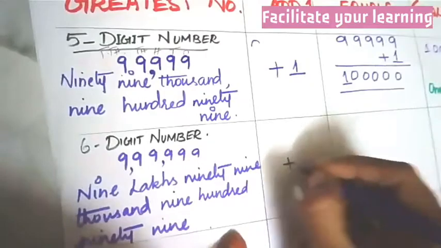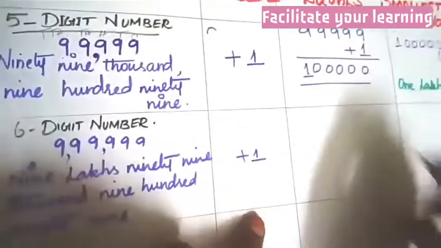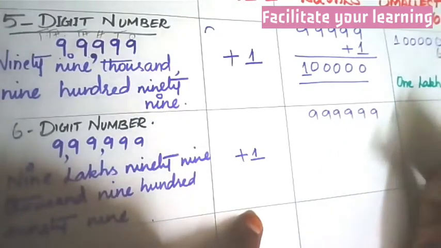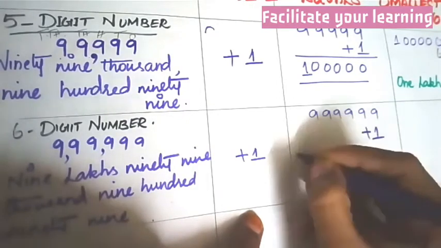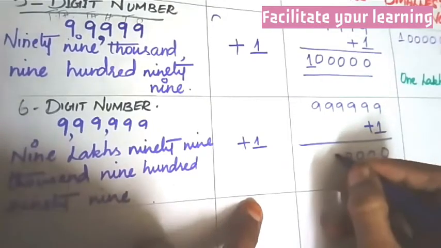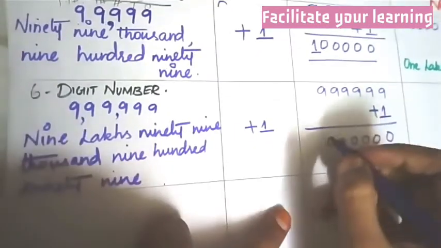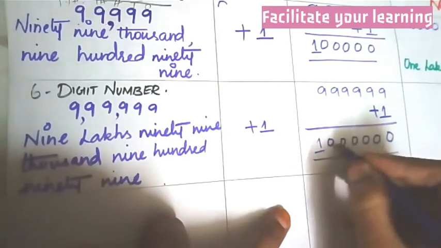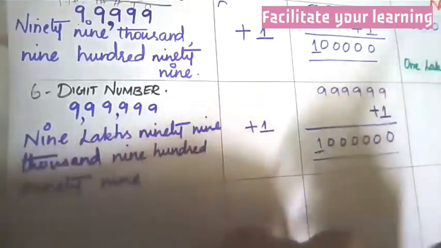Now to this greatest 6-digit number, adding 1, what do you get? When you add 1 to this number, you will get a 7-digit number. Count it. It's a 7-digit number.